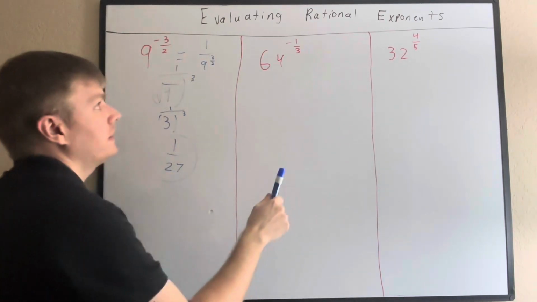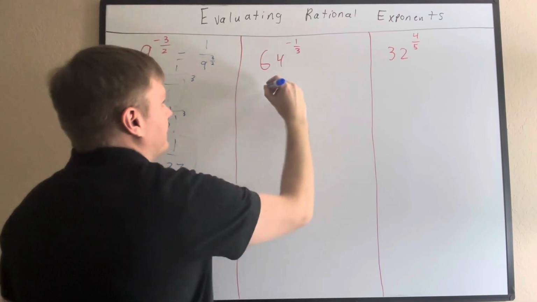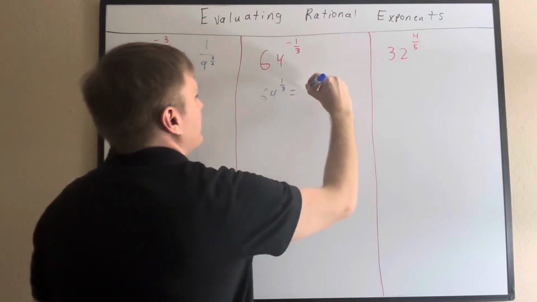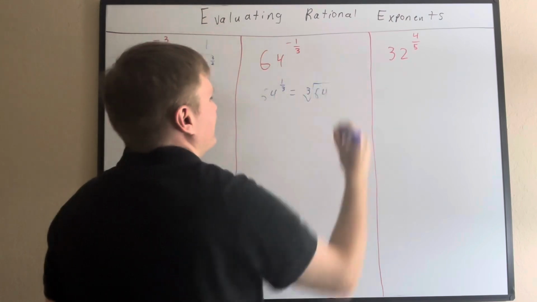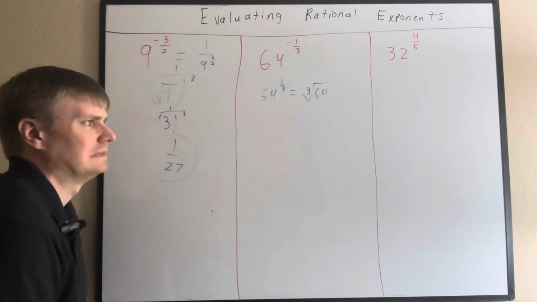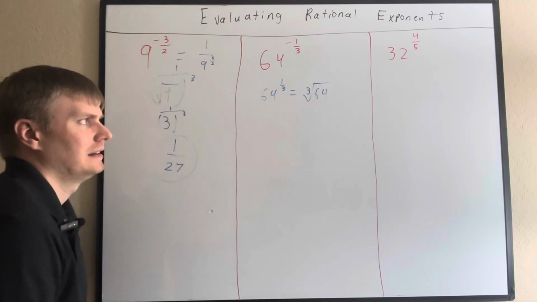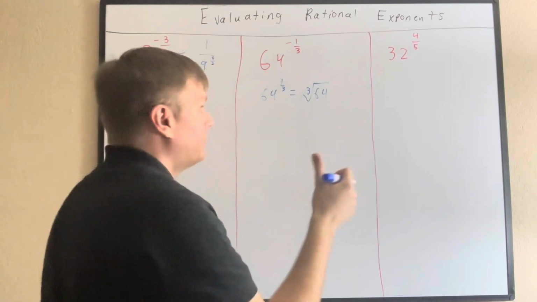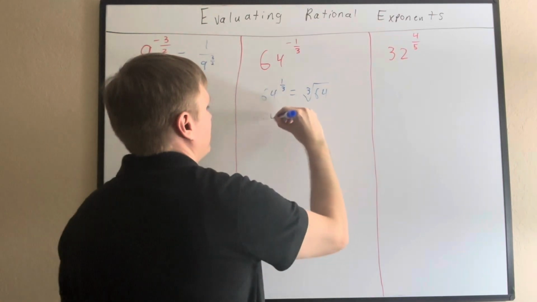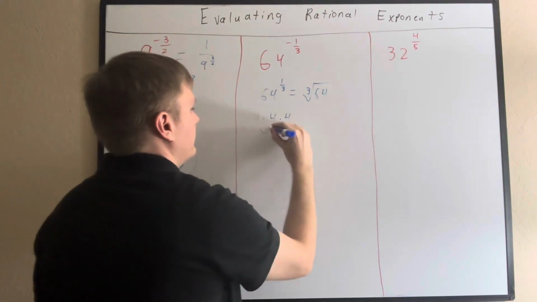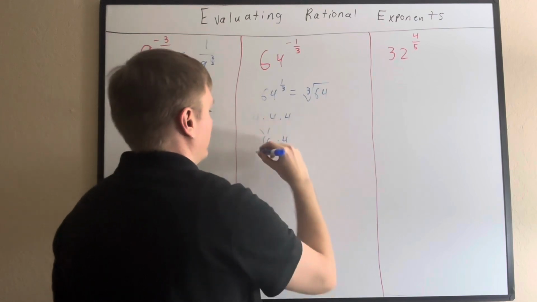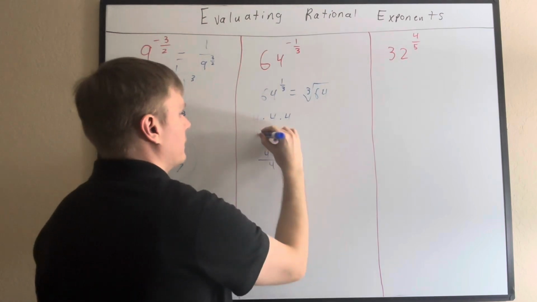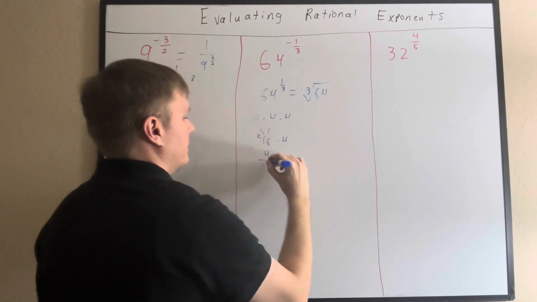We can do that same thing over here. You just pretend the negative isn't even there. 64 to the 1/3. 1/3 is the cube root of 64. What multiplies by itself 3 times to get 64? I think it's 4, right? 4 times 4 times 4. 4 times 4 is 16 times 4. What is 16 times 4? 6 times 4 is 24. 4, 5, 6. Yep.